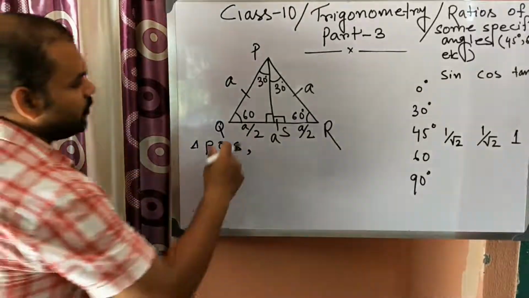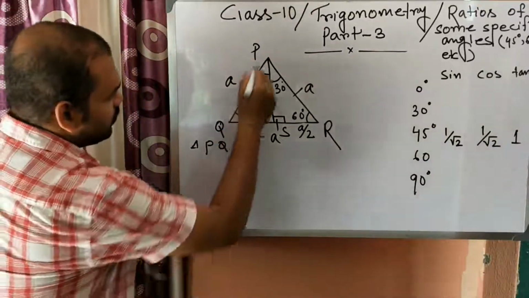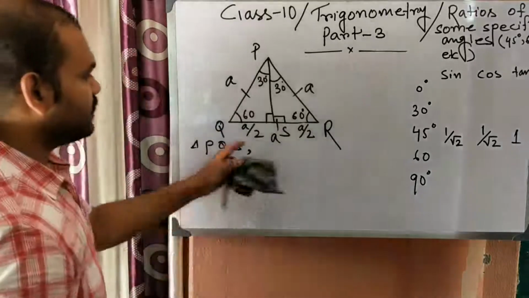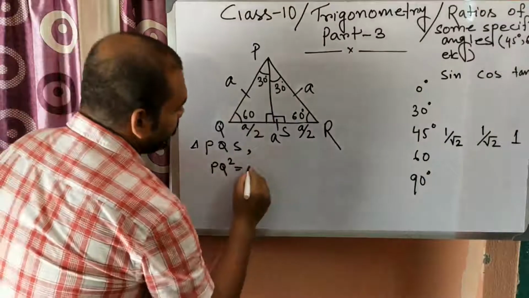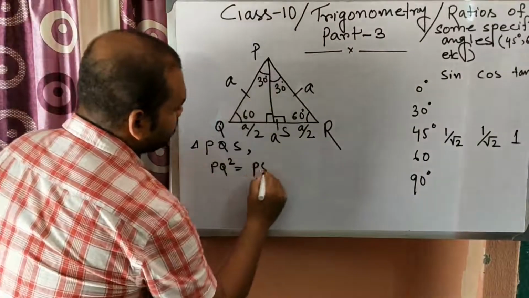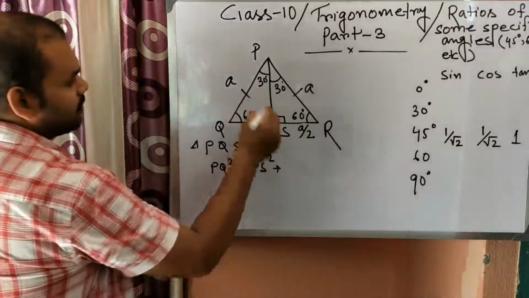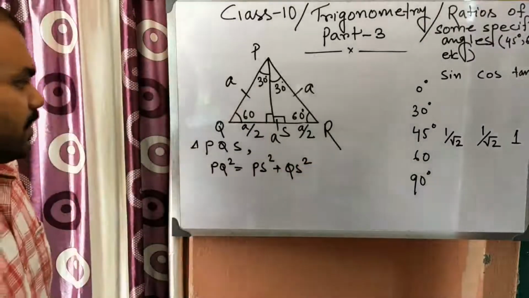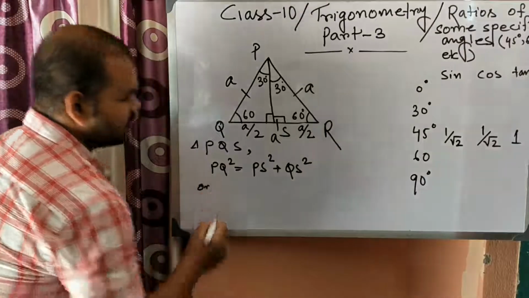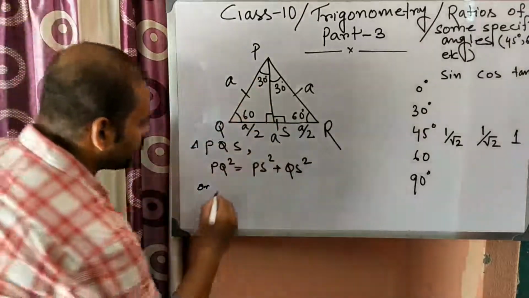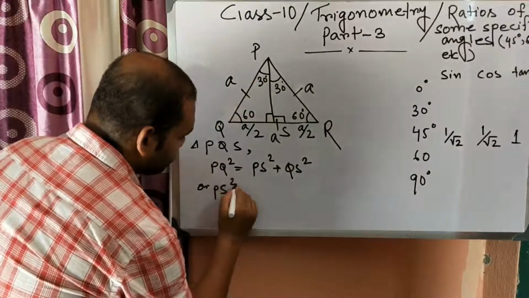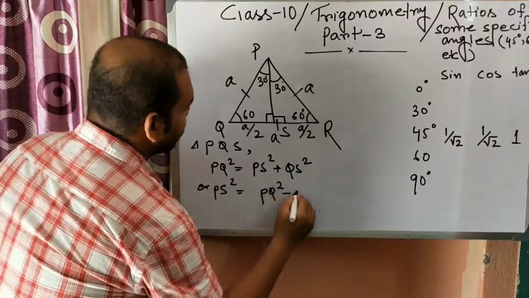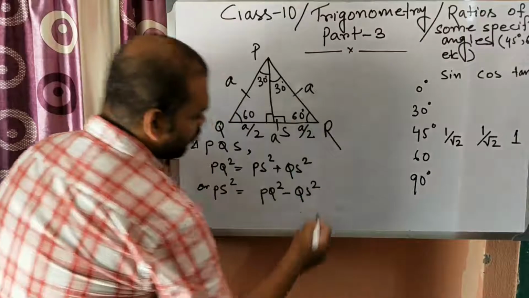So from PQS we can write PQ square, the hypotenuse square, is equal to perpendicular square, that is PS square, plus base square, that is QS square. So PS square is equal to PQ square minus QS square.